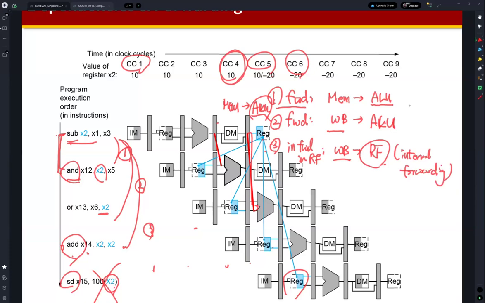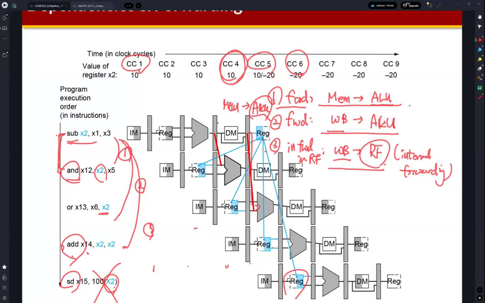So we can figure out that in the pipelined CPU architecture, the CPU needs to support these three types of data forwarding. The first forwarding is the forwarding from memory to the ALU, the second forwarding path is the data forwarding from write back to the ALU, and the third forwarding path is the internal forwarding inside of the register file, right?